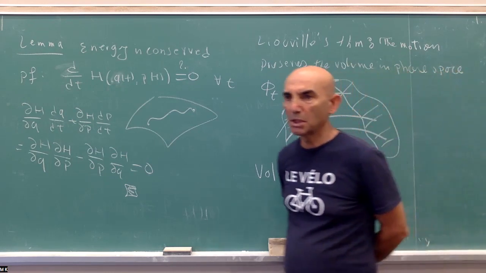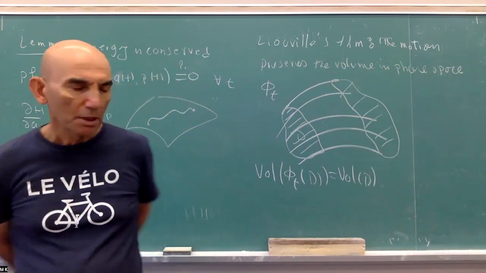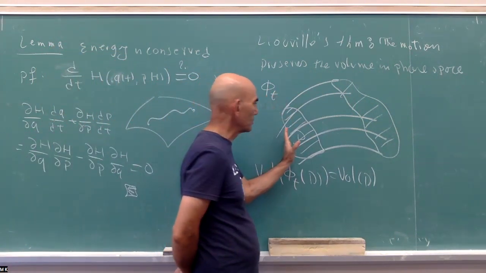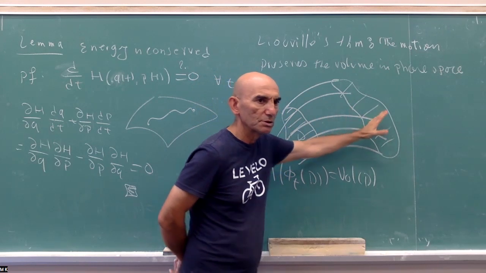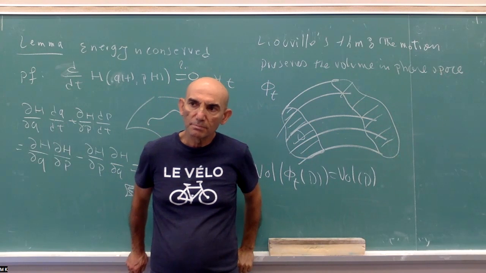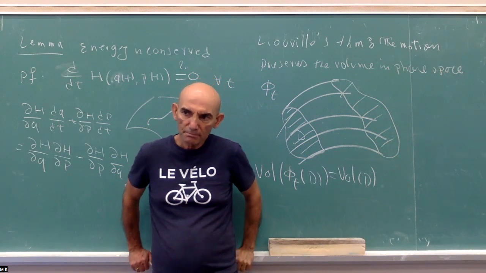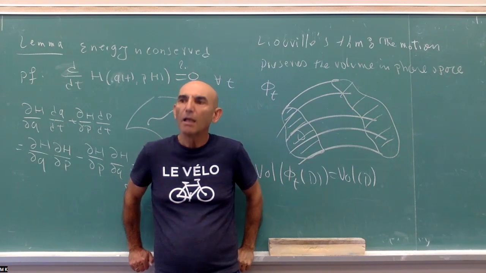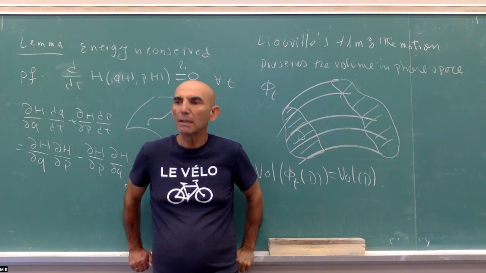So that's the condition. Here, phi t is a diffeomorphism for each t. Those diffeomorphisms are defined by those two differential equations, for Q dot and P dot, where you take your points and follow the curve.